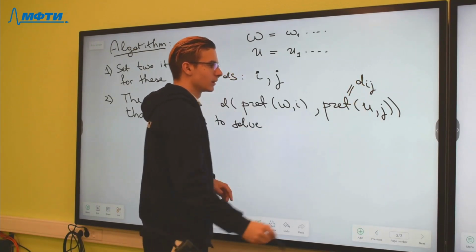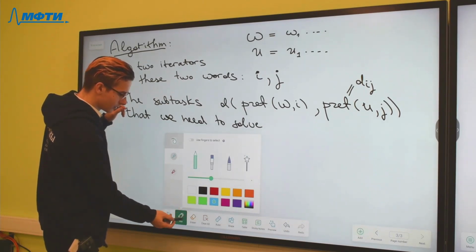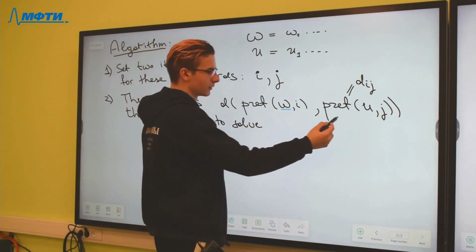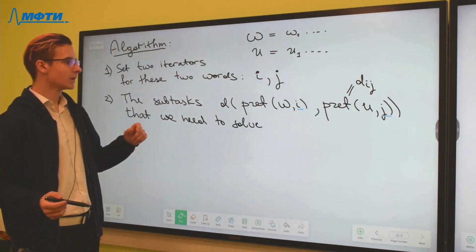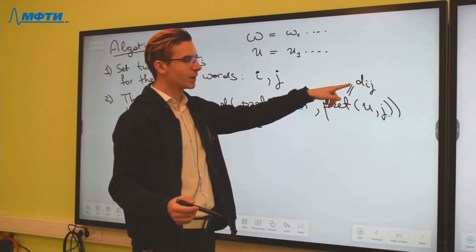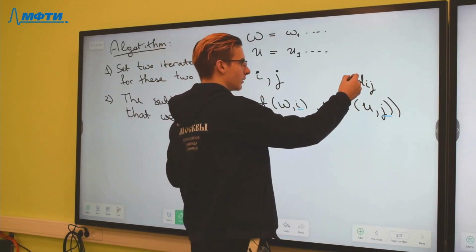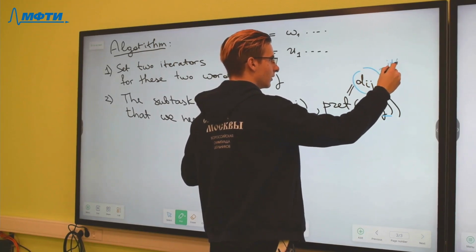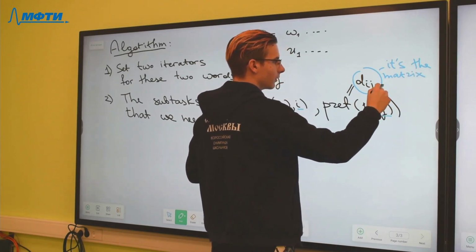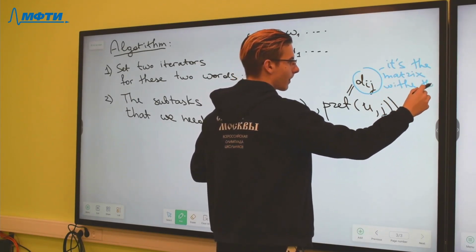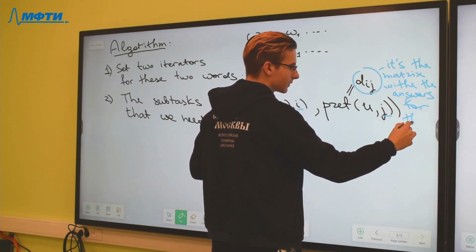We see that due to these two iterators, we can say that D depends on two numbers, E and G. So it is the matrix with the answers for the subtasks.